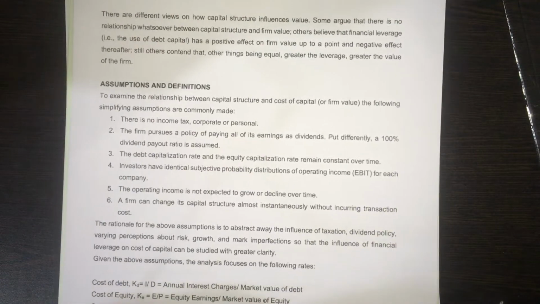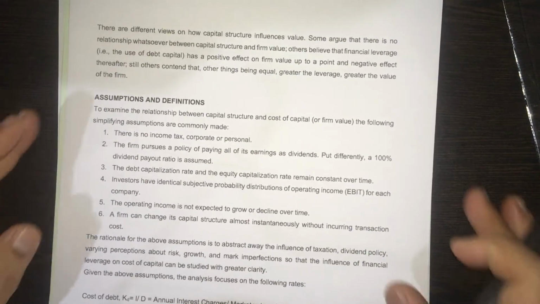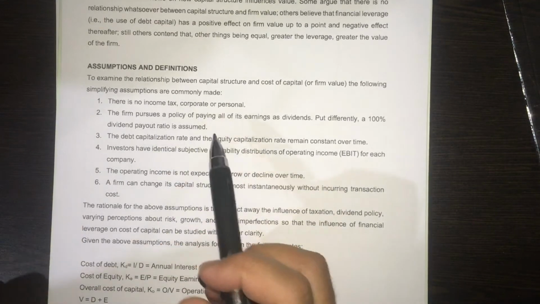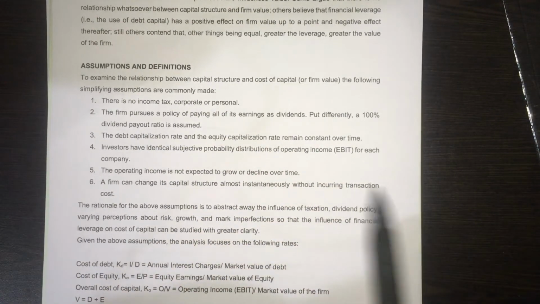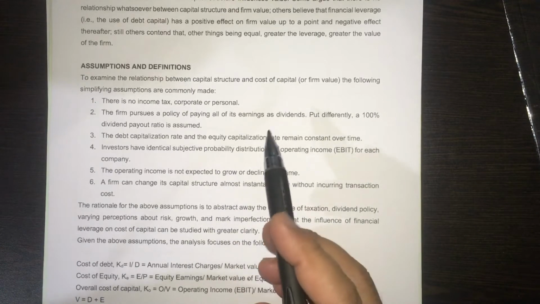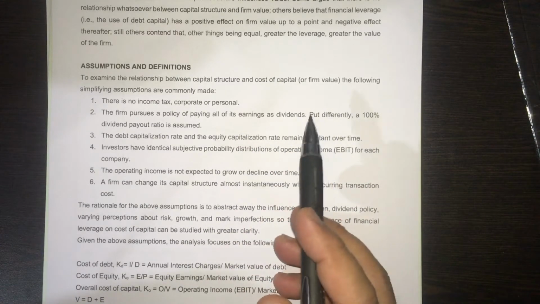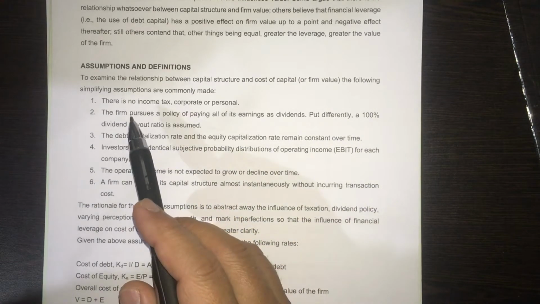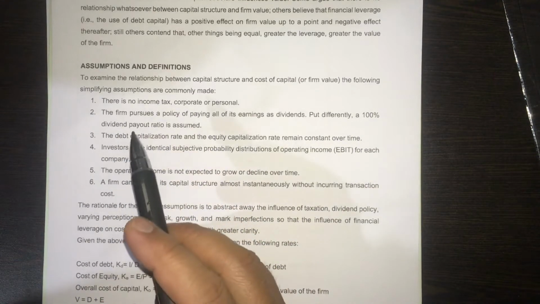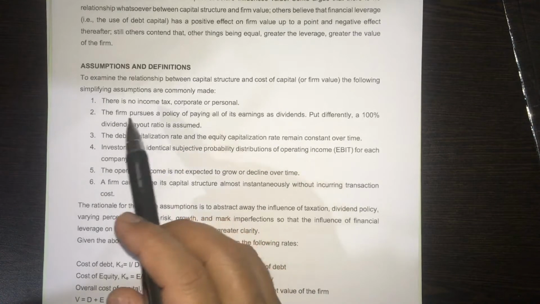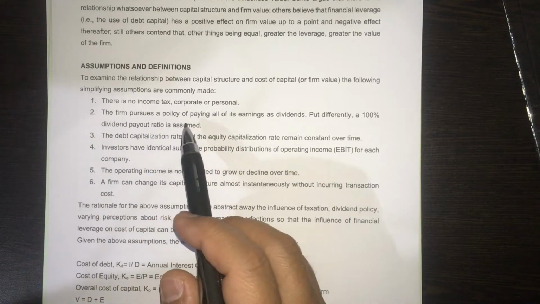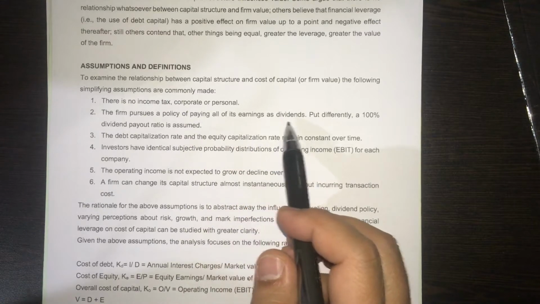But before that, we are going to look at some assumptions. Before we delve into the relationship between capital structure and firm value or cost of capital, we will first make these assumptions. Number one is that there is no income tax, corporate or personal. Number two, the firm pursues a policy of paying all its earnings as dividends.